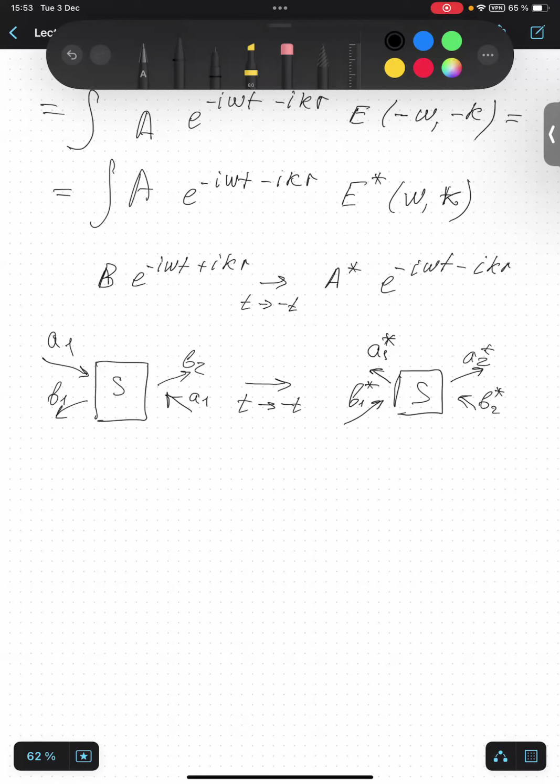So the incoming fields became outgoing fields and vice versa. And in this case, we write A2 conjugated, our S matrix, B1 conjugated, B2 conjugated.